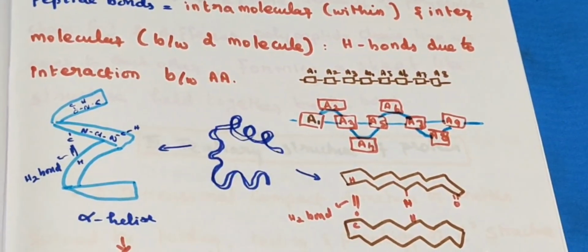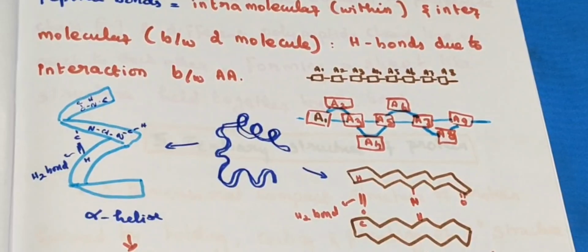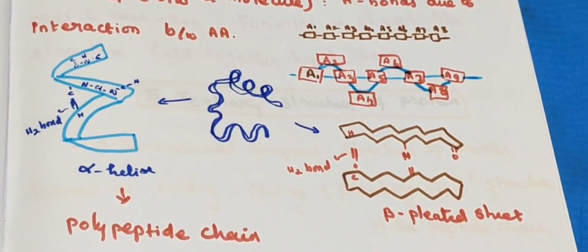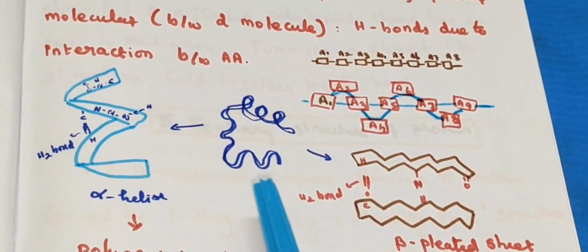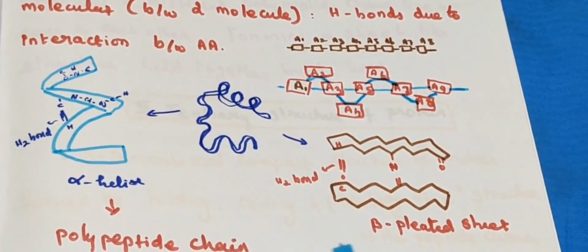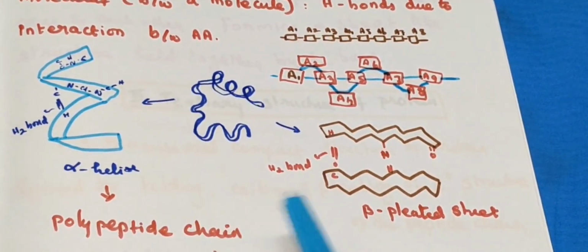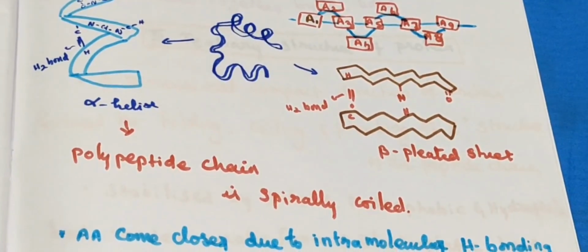Within the molecule means alpha helix, between two molecules means beta pleated sheet. It looks like a sheet, so it has that name.